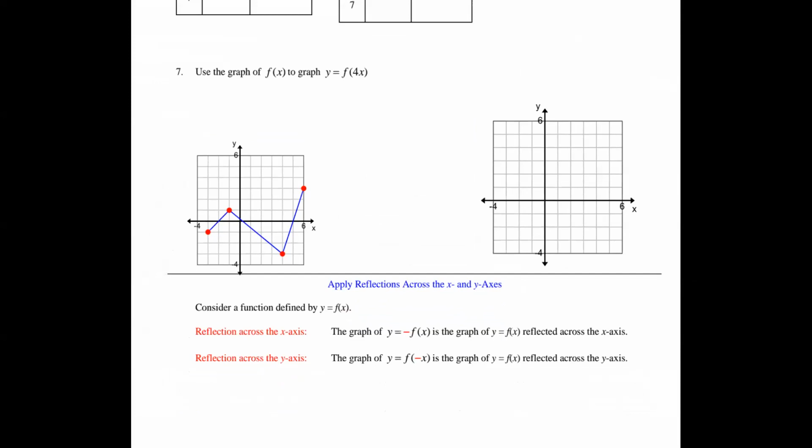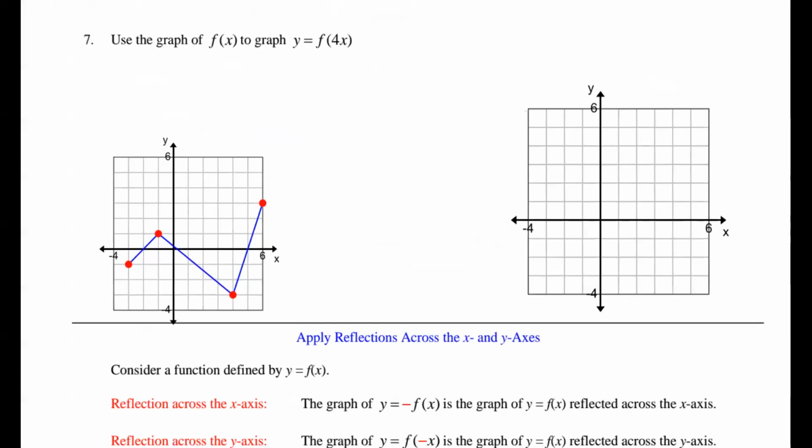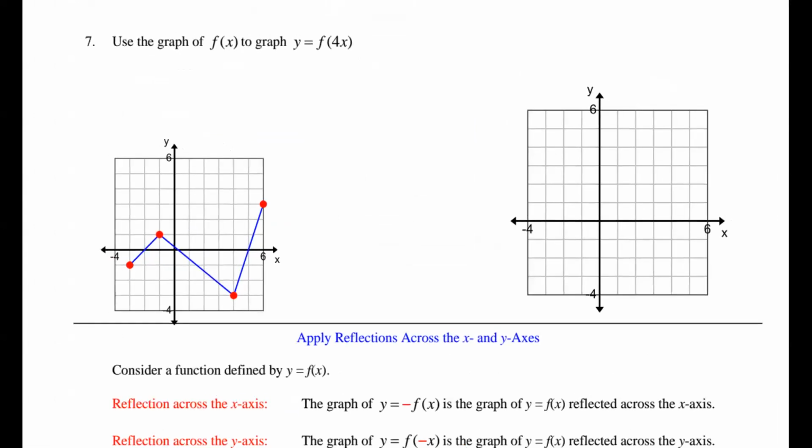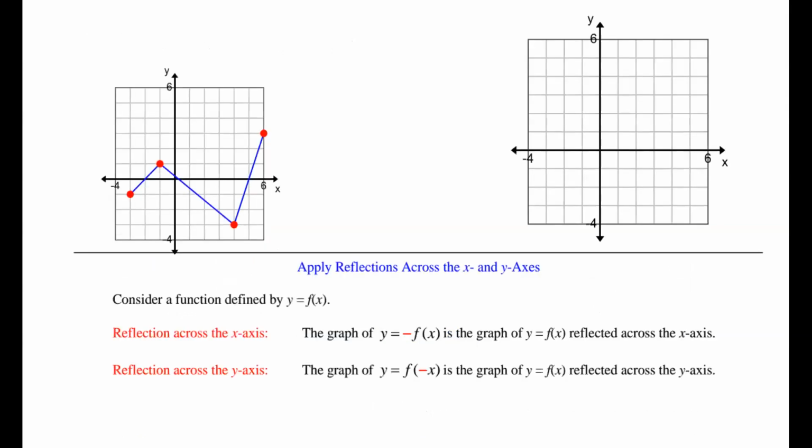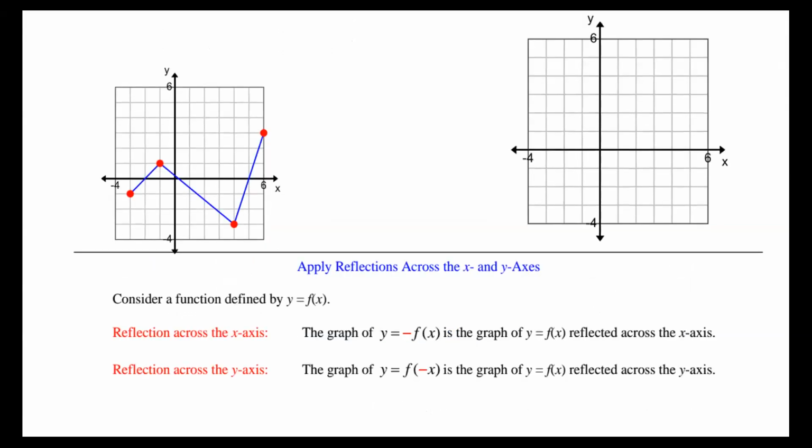So now we have to use the graph of f of x to graph y equals f of 4 times x. So first, in order to do that, we are going to write the points from the original function.